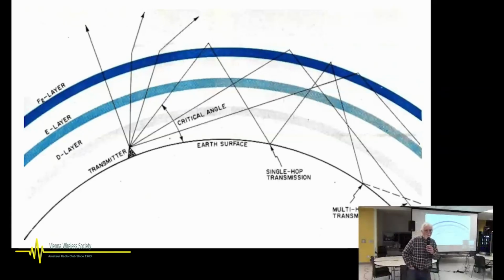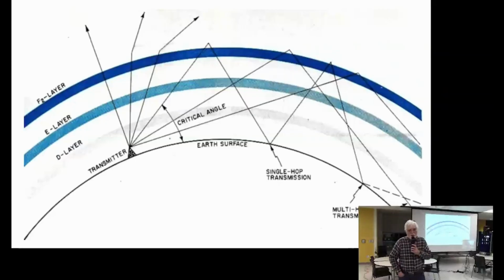And this can happen straight up if you fire slightly off of straight up with a 40 meter or 80 meter signal in the daytime. It'll go straight up, it'll hit the F layer, and if the F layer is thick enough, it'll bend that signal all the way around and it'll come back down.